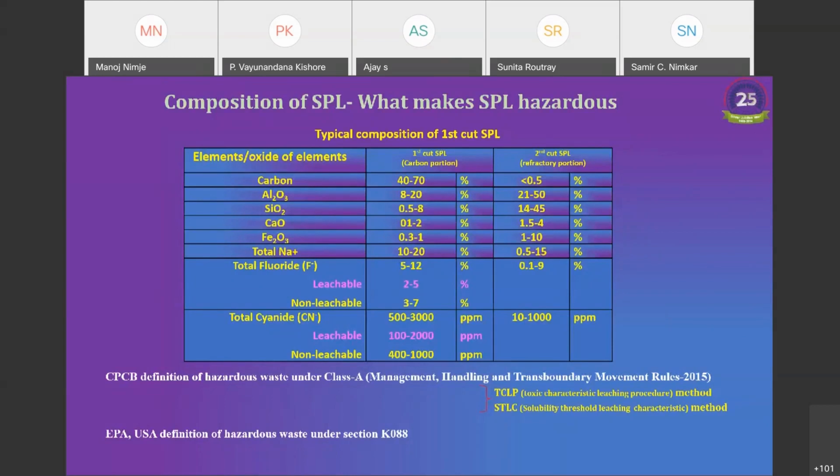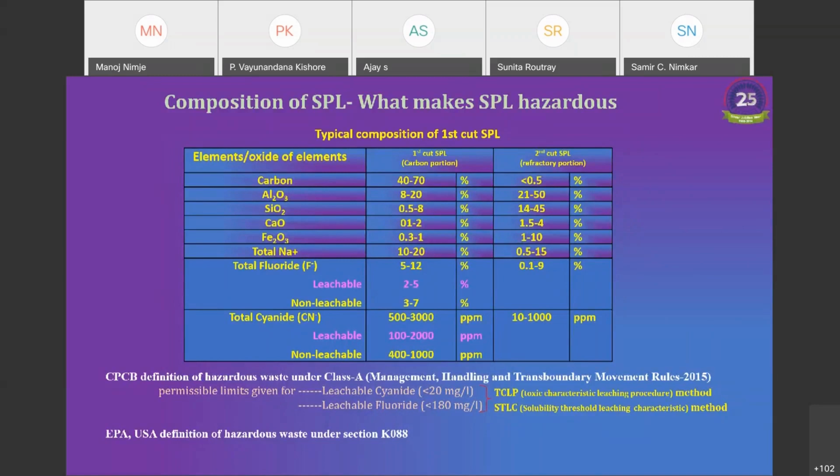100 to 2000 ppm, and this makes SPL hazardous because as per the CPCB guidelines or definition, any waste which contains leachable cyanide more than 20 mg per liter or 20 ppm by the TCLP method is a hazardous waste under class A category, or any waste which contains leachable fluoride more than 180 mg per liter or 180 ppm by the STLC method is a hazardous waste under class A category.